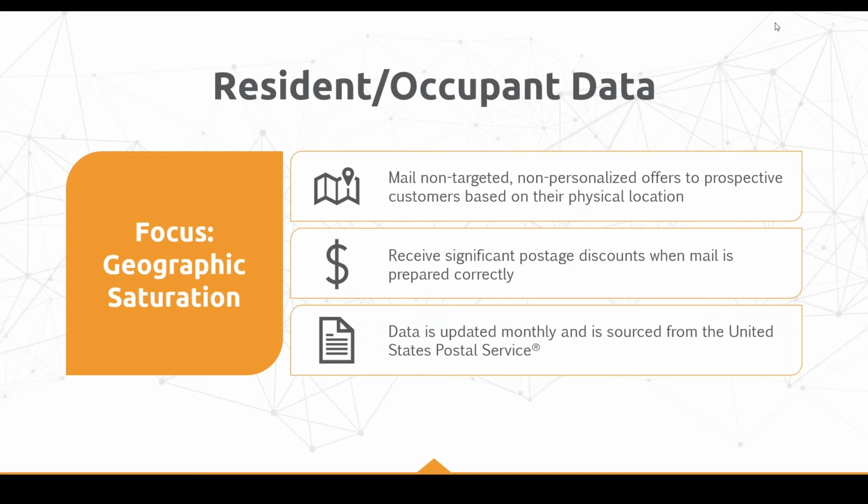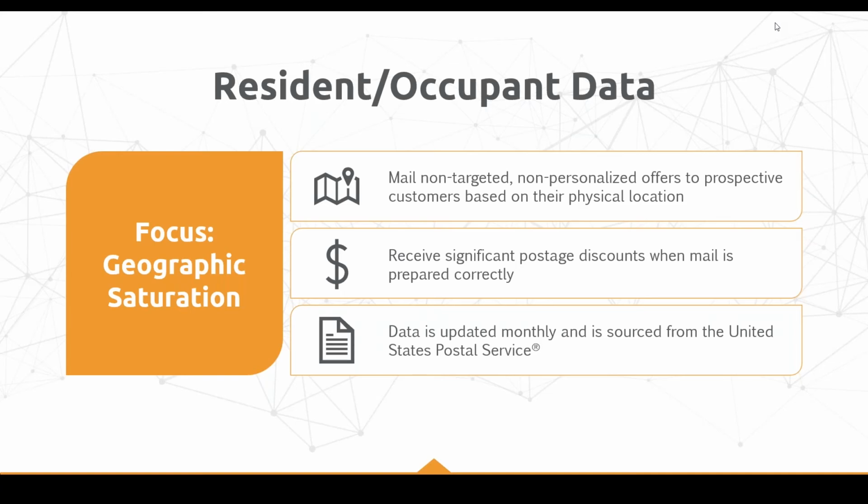So if you have a product or service that really anyone could benefit from, this might be something that you would want to consider. So you're going to be able to mail to every single address, but it's really not going to be as personalized or as targeted because you're not going to have the level of attributes or demographics that are associated with those records to whittle it down.